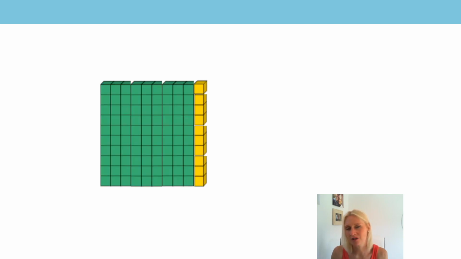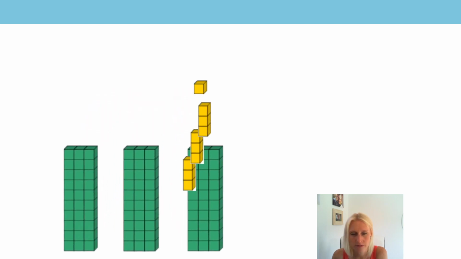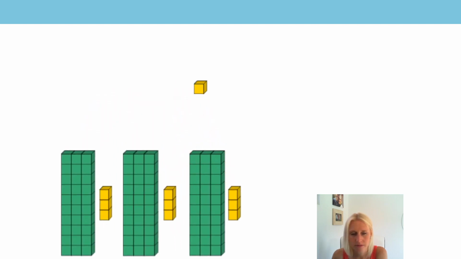Here's my hundreds and my tenths, and hopefully this will help us work out how to solve our problem. Watch as it divides into 3 equal parts, this whole. Okay, so I've got 3 tenths in each part and 3 hundredths in each part.